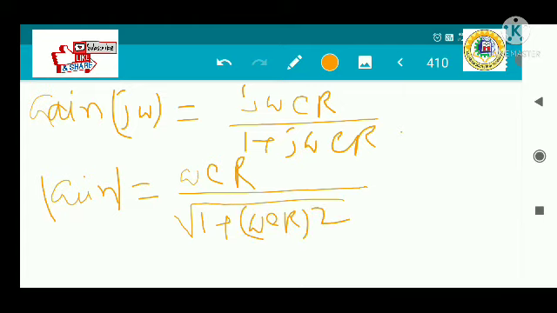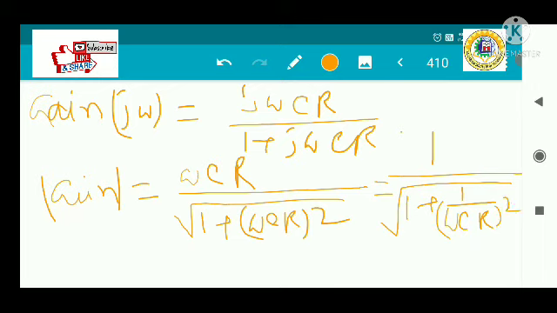Okay, so if you simplify it further, it will be 1 divided by root over 1 plus 1 divided by omega CR, whole square, and if you further simplify it, it will be 1 divided by root over 1 plus omega L divided by omega, whole square. Omega L is your cutoff frequency.